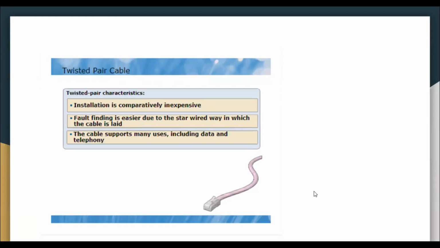In the STP, or shielded twisted pair cable, each pair is wrapped with an additional metal shield, and then all pairs are wrapped in a single outer plastic sheath. Next, the similarities and differences between the STP and the UTP cables.